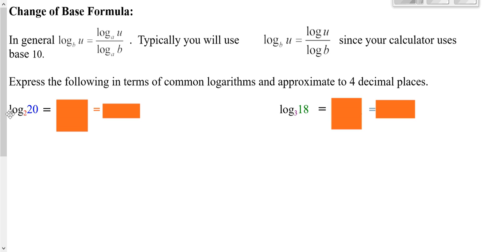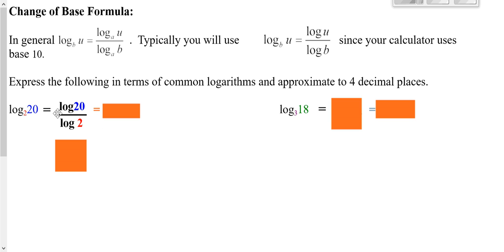So here, if we're doing log base 2 of 20, and notice it's log base 2 of 20 is how you'd say that, you would go your common log or log of the 20 divided by the log of your base.